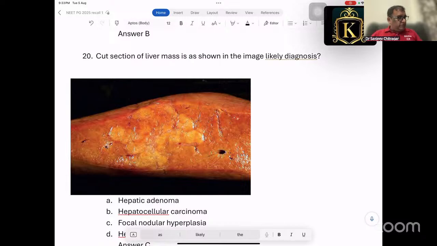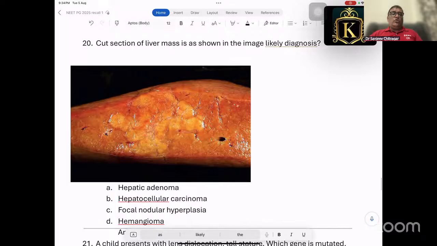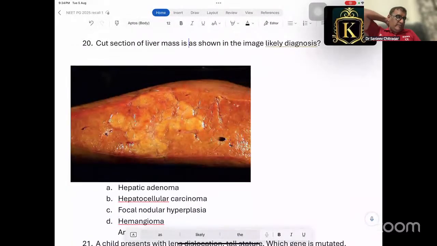I've just changed it. So there were 21 questions from pathology. The stellate scar image was there, but this image was not there. Of course, I will not be able to replicate exactly the same image. This is just an image I googled.